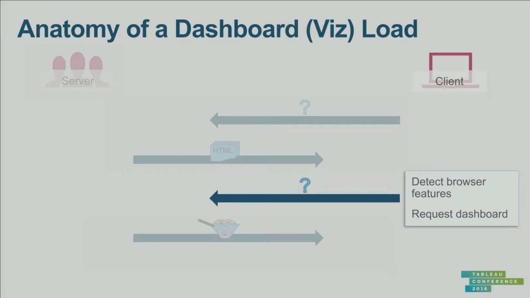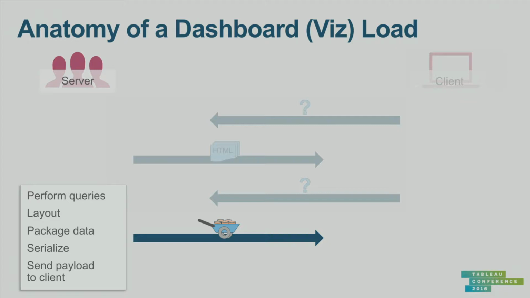And it's going to collect this information. The size of the browser window is another piece of information we collect that determines dashboard layout. So it'll collect that and make a second request, passing along that information to the server. And the second request is what we internally call the bootstrap request. Bootstrap meaning it's asking for the data to display the dashboard at that point.